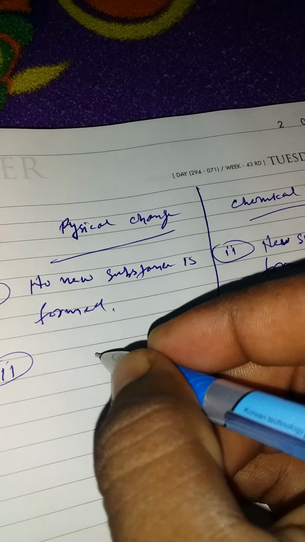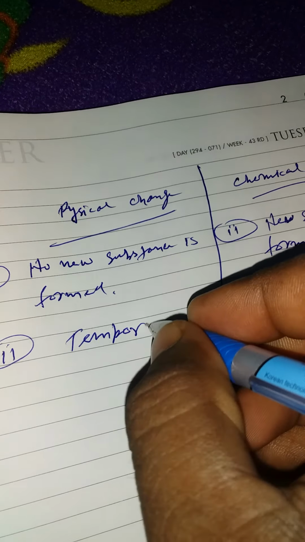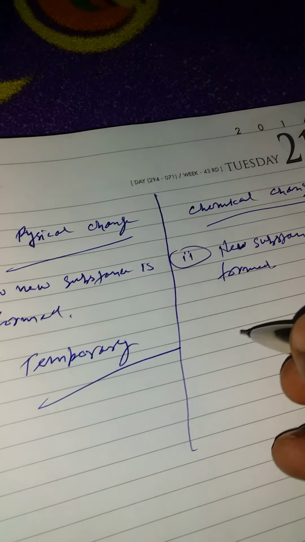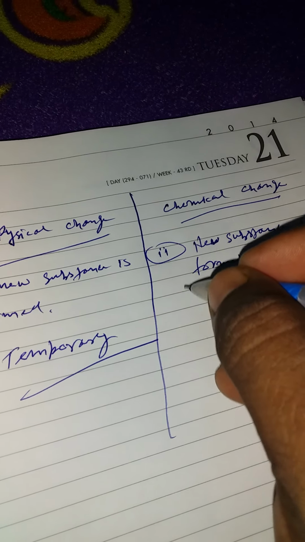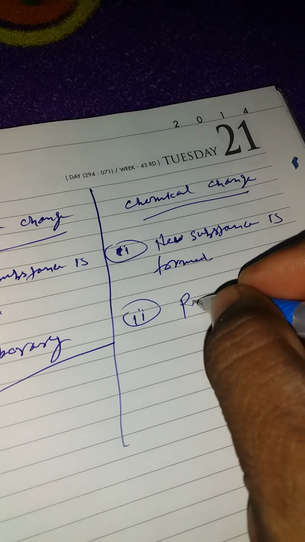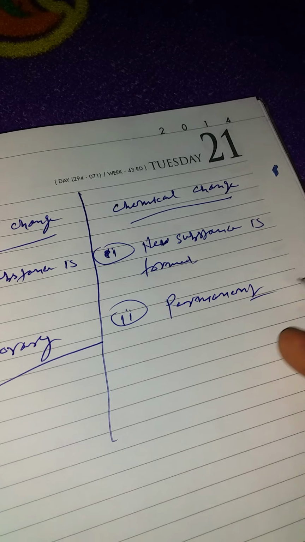Physical change is temporary and chemical change is permanent.